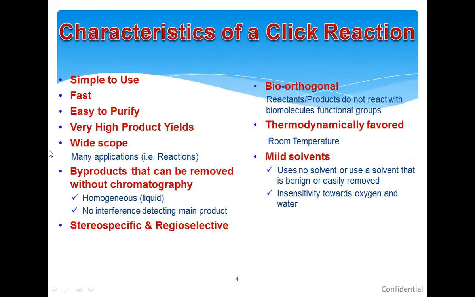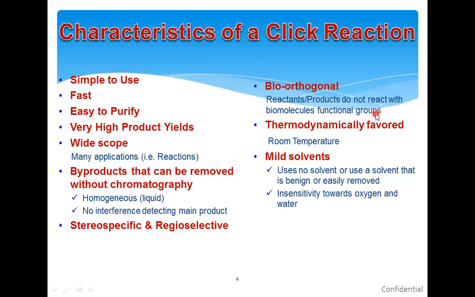It has application over a wide range of applications, and the byproduct that is produced in addition to the main product does not interfere with detecting the main product, and it's homogeneous. It's stereospecific and regioselective, which means using a click reaction, it gives only one specific major product. So there is barely any interference from the byproduct that comes along with it.